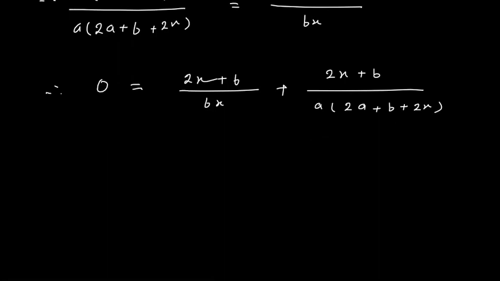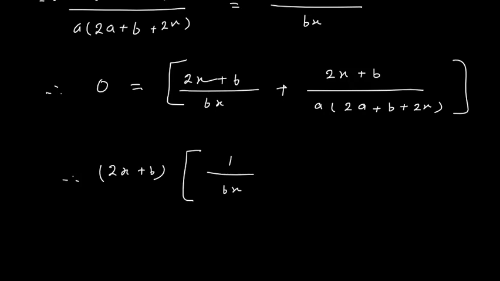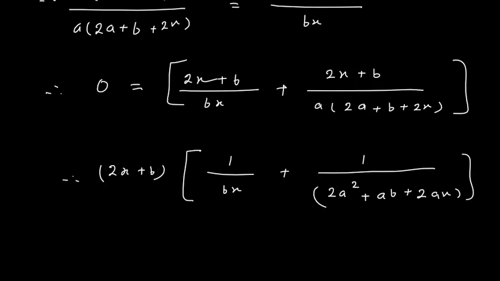Now you can see there's 2x plus b, we can take common from the numerator. We can write this whole term on left hand side, so therefore we will say that (2x plus b) into (1 upon bx plus 1 upon a) into, so you multiply this, you will get 2a square plus ab plus 2ax, and on right hand side we have 0.